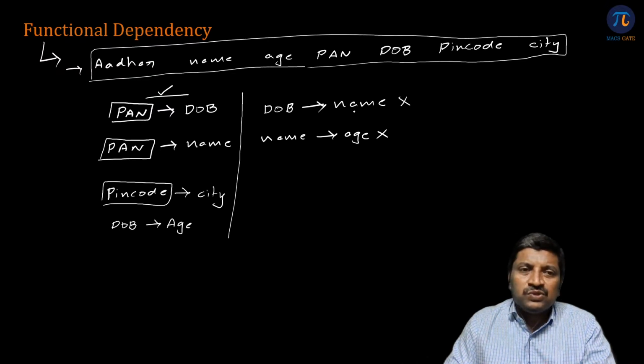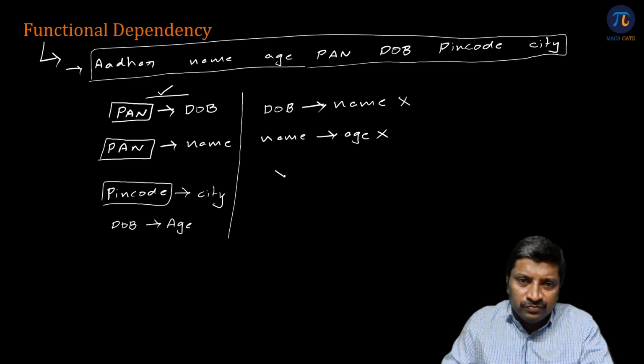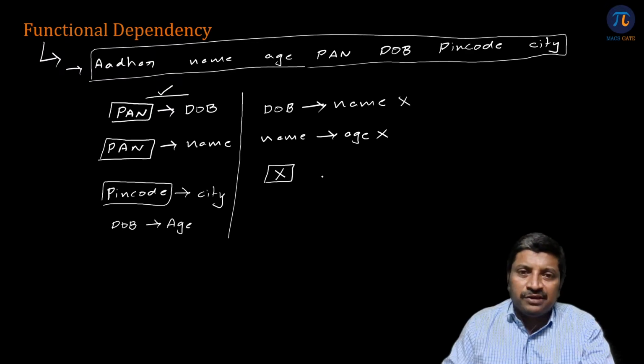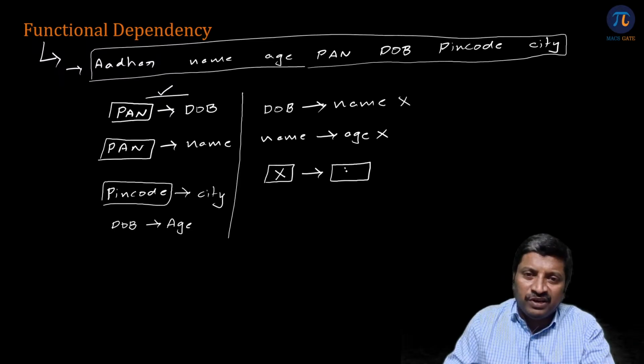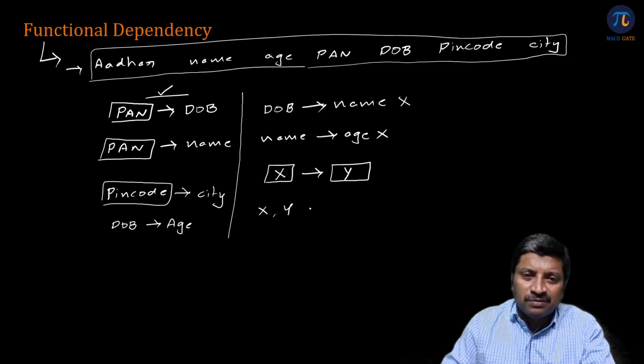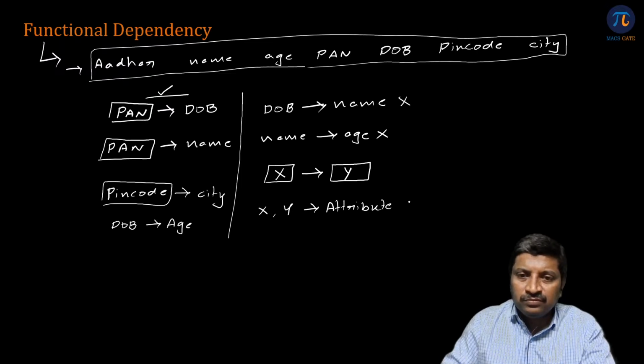Am I clear, sir? So whenever I know the value of an attribute X about a particular candidate, then I can find the values of the attributes Y also. Here, X, Y, and Z are attribute sets, attribute subsets.